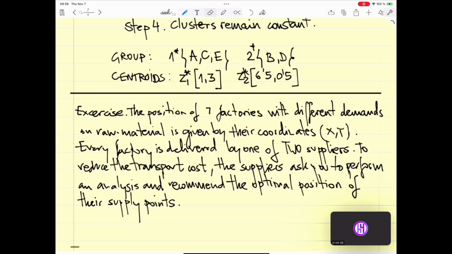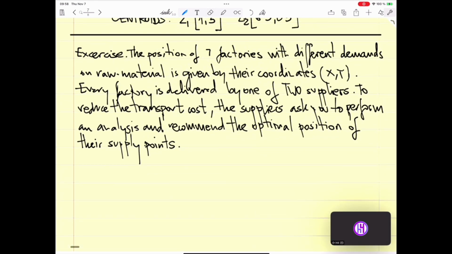Okay, so the data is given by X, Y, and the demand of each factory.